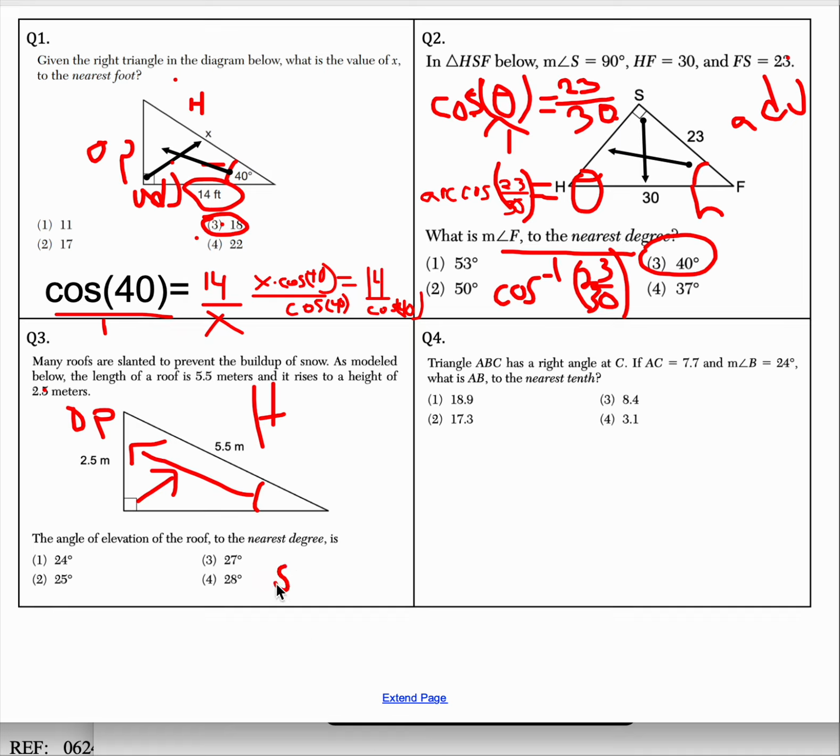I'm doing this all with a mouse, so please be patient with my writing. Sine inverse. Okay, opposite is 2.5 and hypotenuse is 5.5.